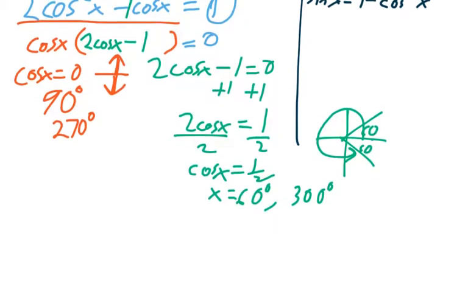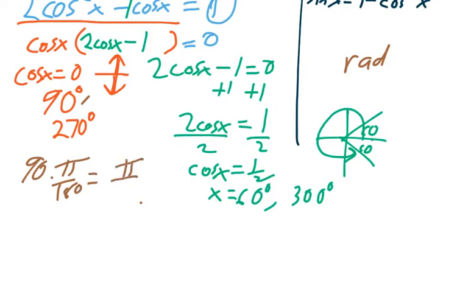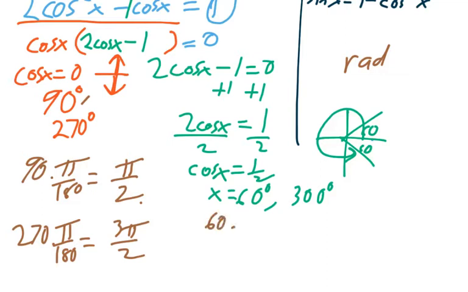Now, if I wanted these to be in radians, I'm going to multiply each one of these answers by pi over 180. So my answers for radians will be in brown. 90 times pi over 180 is 1/2, so pi over 2. 270 times pi over 180 would be 3 pi over 2. 60 times pi over 180 is pi over 3.